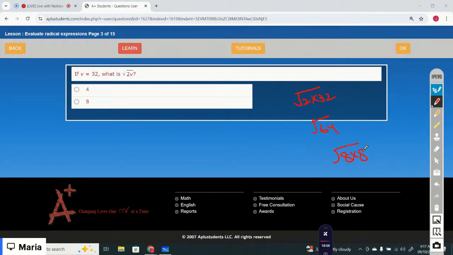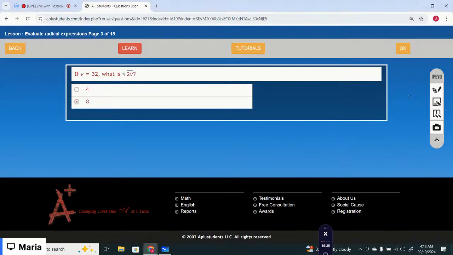That is 8 times 8, 8 squared. The square and square root cancel out, you are left with 8. The correct option is 8. Option number 2 is the correct option.